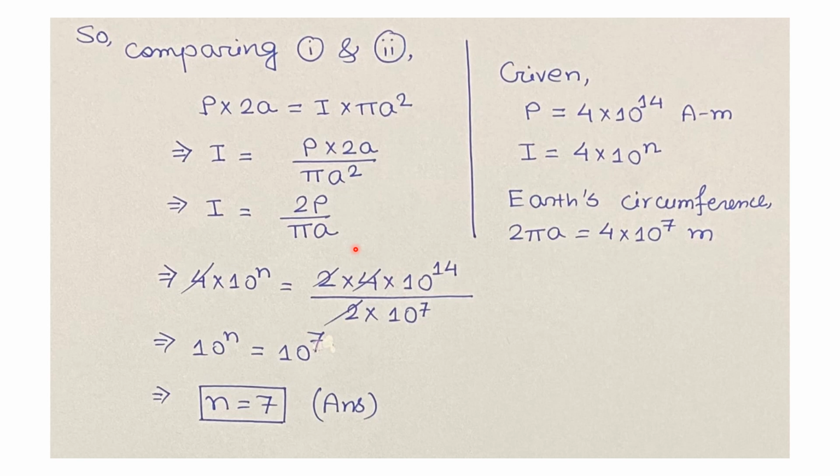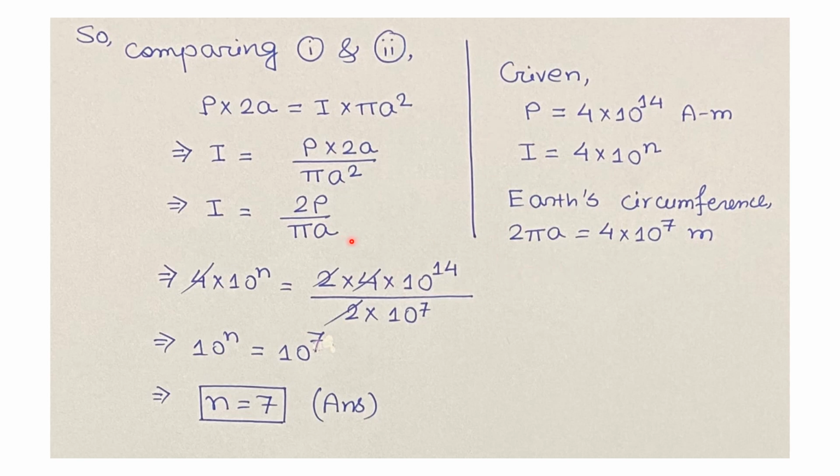Now in the question it is given that the magnetic pole strength P equals 4 times 10 to the power 14 ampere meter. The current is 4 into 10 to the power n. Earth's circumference, that is 2 pi a, is 4 times 10 to the power 7 meter. So we'll use this information in this equation.